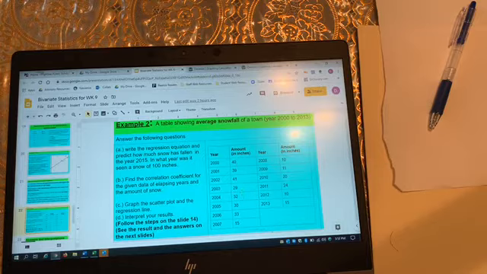So write the regression equation and predict how much snow has fallen in the year 2015. 2015 is not in here, so we are going to predict how much it would be. Find the correlation coefficient for the given data of elapsing years and the amount of snow. Graph the scatter plot and the regression line.